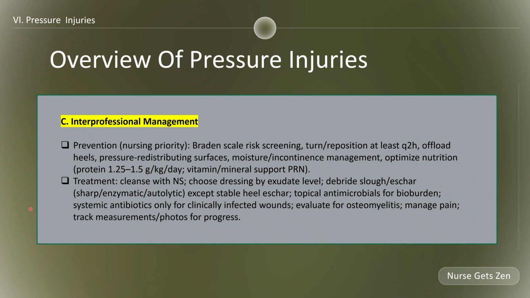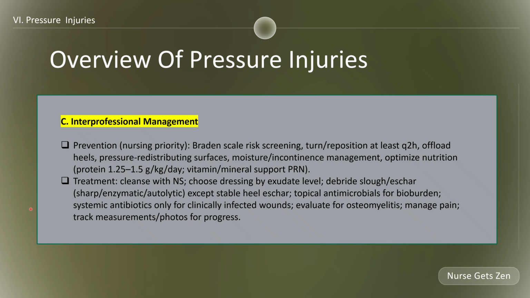Always provide the assessment with vital signs, because it reflects systemic status related to infection and hydration status. An elevated temperature, like fever, may be indicative of infection, and with sepsis, tachycardia and hypotension might also develop.